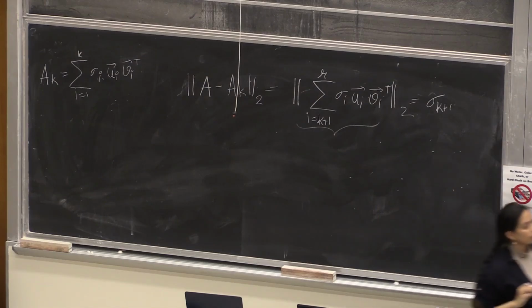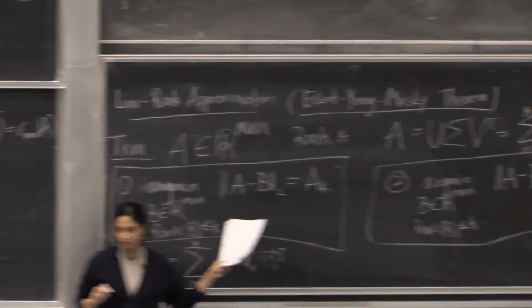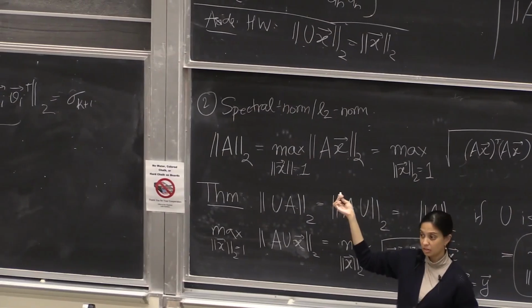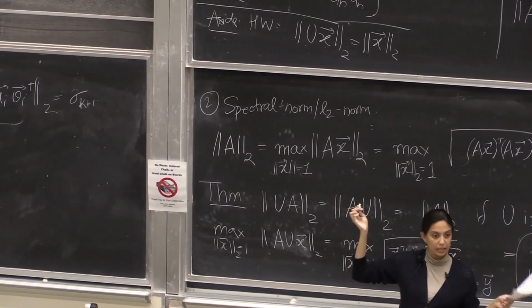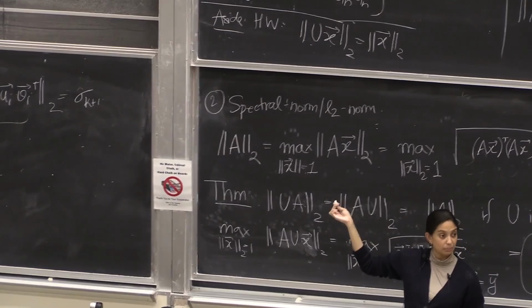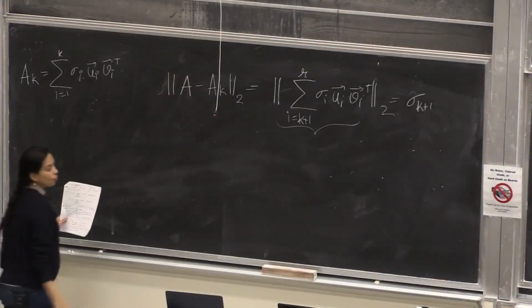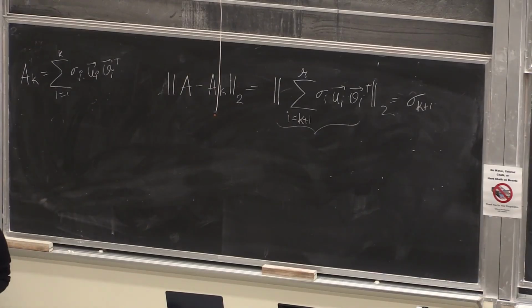Right? So here we were saying that the argmin is AK. And if that is the argmin, what will be the min? What is the minimizing value? Sigma K plus 1, right? When you plug in AK, what you're getting is sigma K plus 1. Make sense to everyone? So now if I wanted to prove my theorem, remember, when we're proving these kinds of bounds, we've done this technique now a few times.